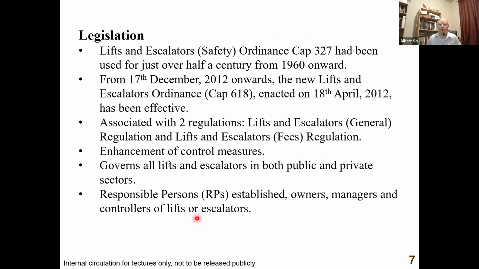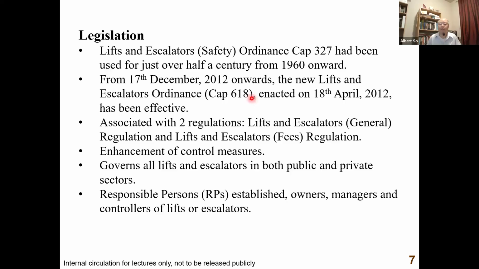Now, legislation. We have a very strong law governing the safety of lifts and escalators. In the past, from 1960 onward, the law was called the Lift and Escalator Safety Ordinance, Chapter 327. But from 2012 onwards, EMSD changed the law, and now it's Chapter 618.